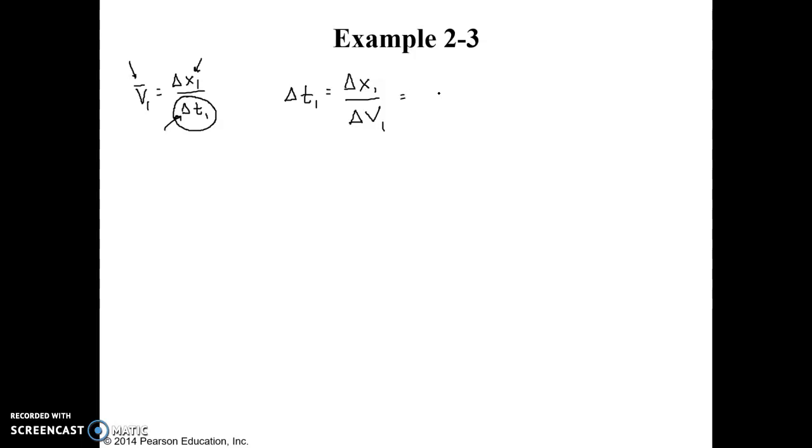What was our delta x1? Our change in distance was 100 kilometers. How fast were we going in the first part of the trip? We were going at 50 kilometers per hour. So if we take 100 divided by 50, that is 2.